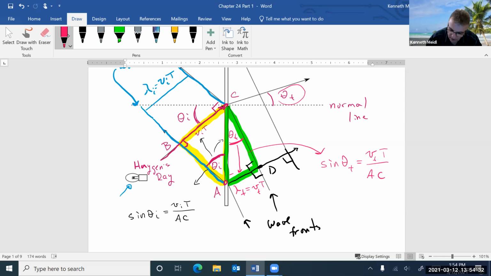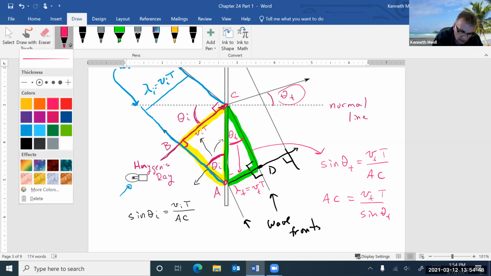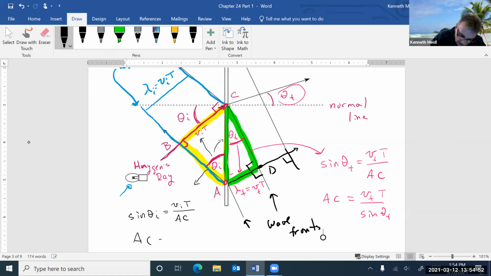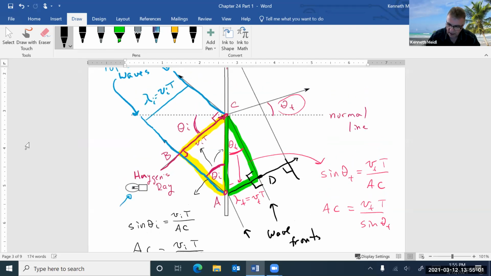What I'm going to do is say that AC is the velocity in the transmitted material times the period divided by the sine of theta t. Then I'll come over here and do the same thing: AC equals the velocity in this material times time, all over the sine of the incident angle.